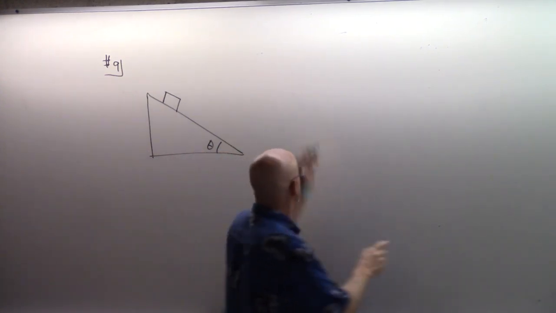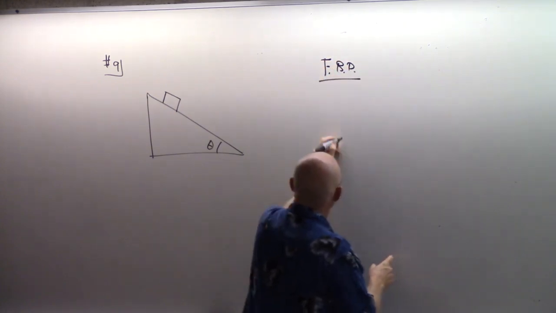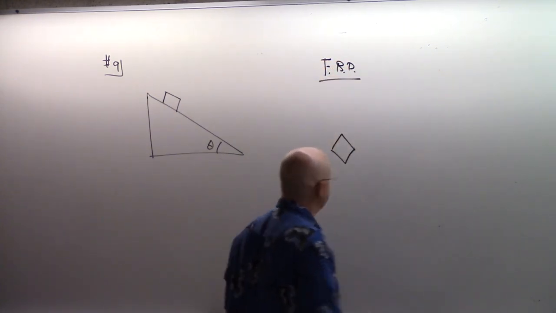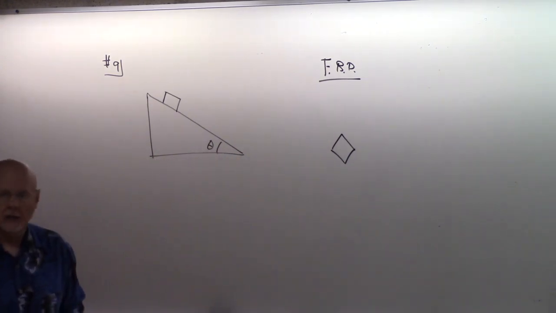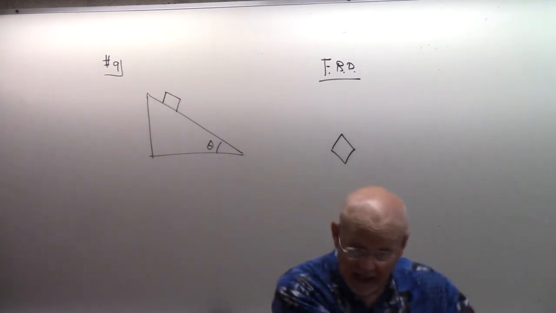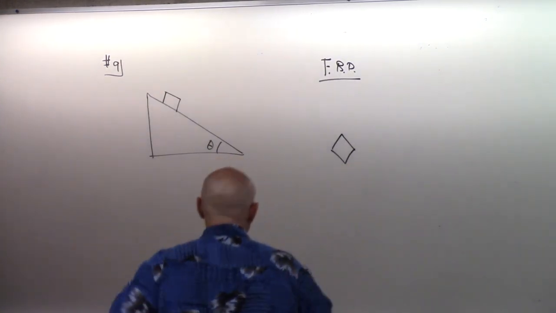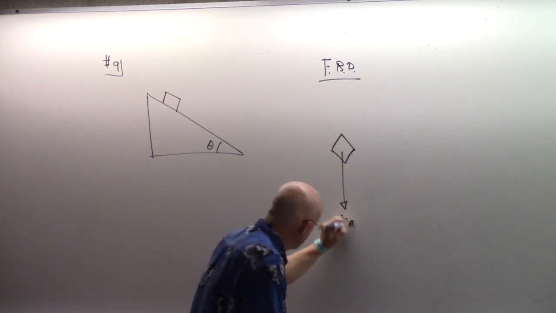Step 2, free body diagram, is to say take this object and draw all the forces on it. This goes back to what I said. The forces would be weight and everything touching it. So the weight would be mg.